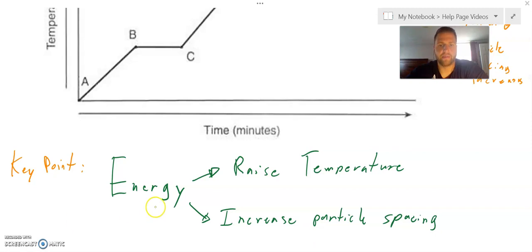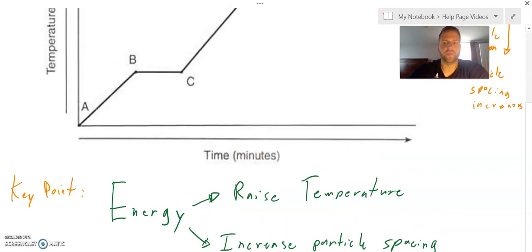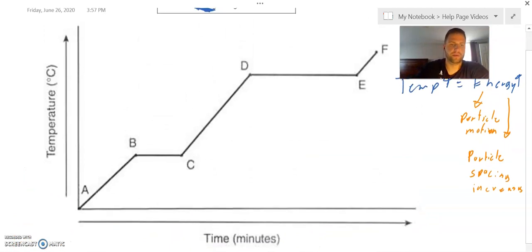Energy does not have the ability, and I repeat, it does not have the ability to do both of these things at the same time. As we look at our graph, we see that this is evident. Either we're increasing temperature or we're changing phase.